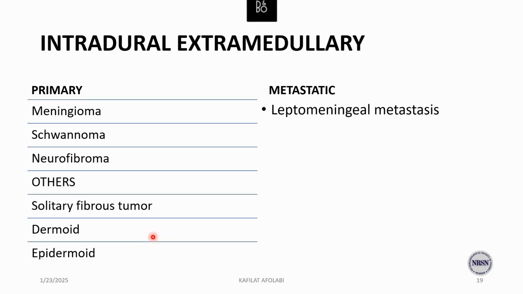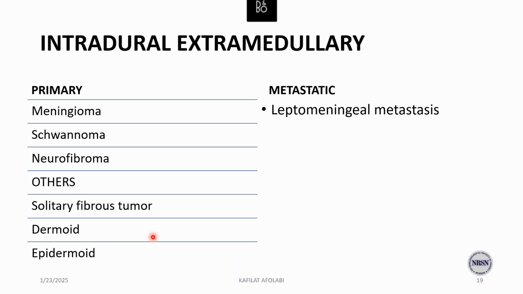So I'll go to the next group, which is the intradural extramedullary lesions. Again, we have the common ones and the less common ones. The most common of these groups, which make up about 70 to 90% of this group, depending on the environment, include meningioma, schwannoma, and neurofibroma.